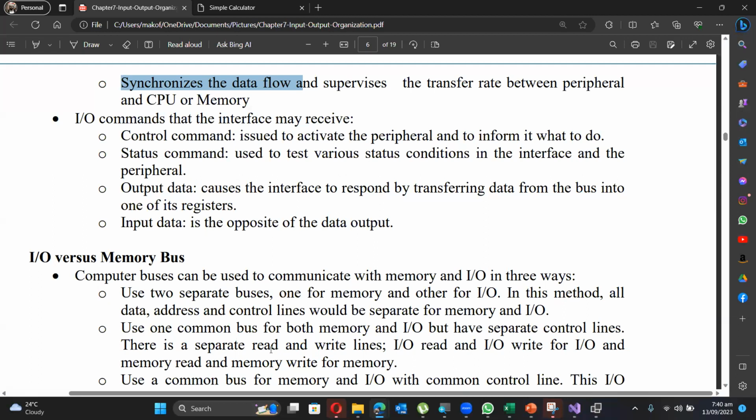So these are the commands which the computer receives from its bus lines.